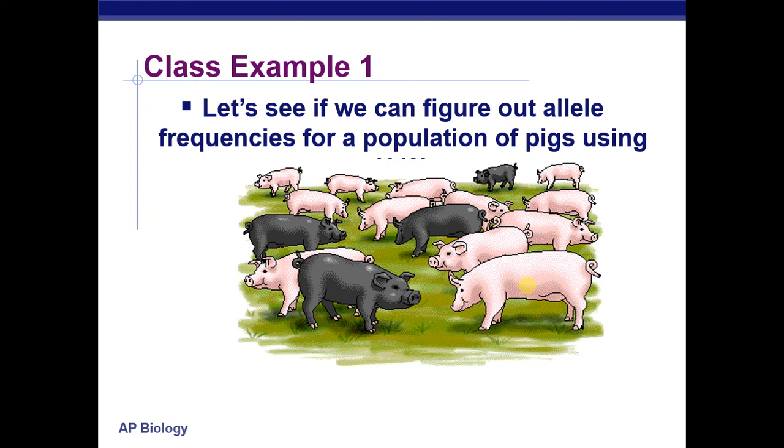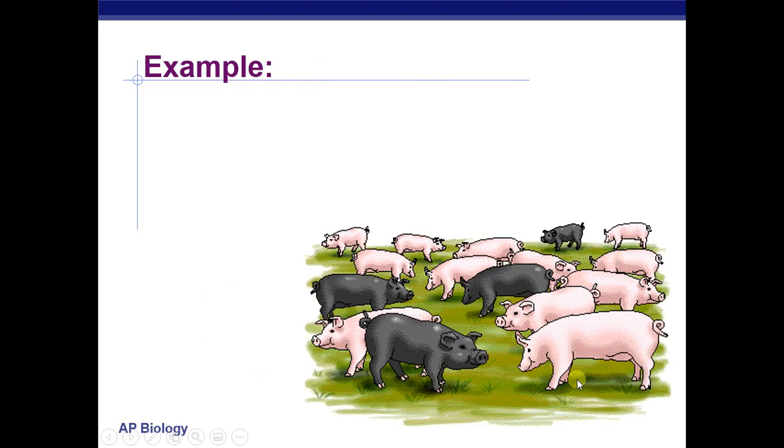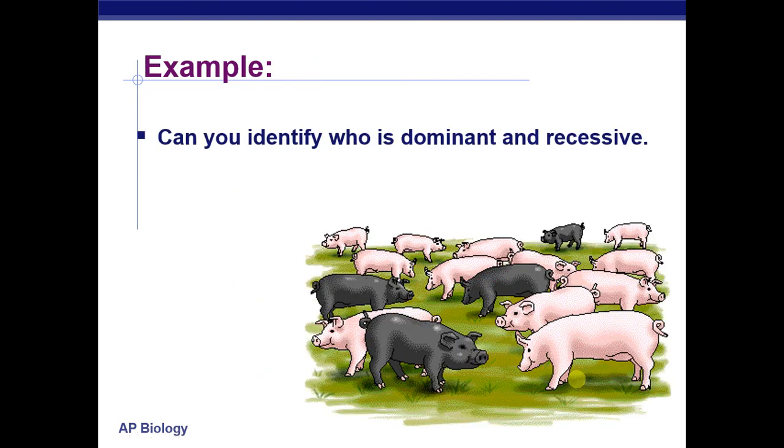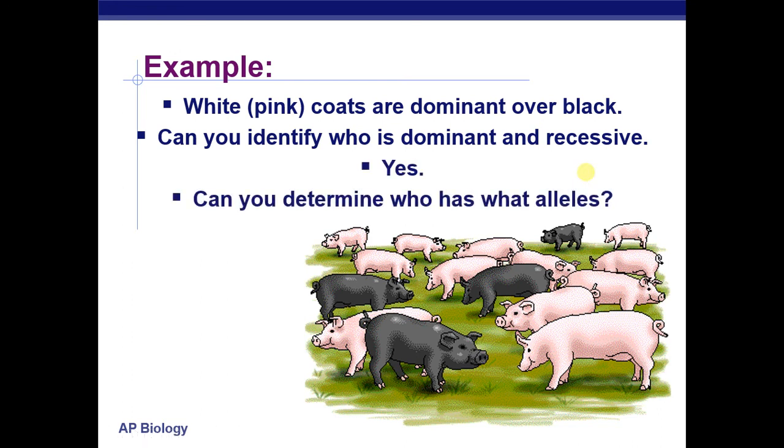Let's see if we can figure out allele frequencies for a population of pigs using this picture. The goal is to find q squared, p, q, and 2pq. So can we identify who's the dominant and recessive? So white or pink coats are dominant over black. Can you determine who has what alleles?